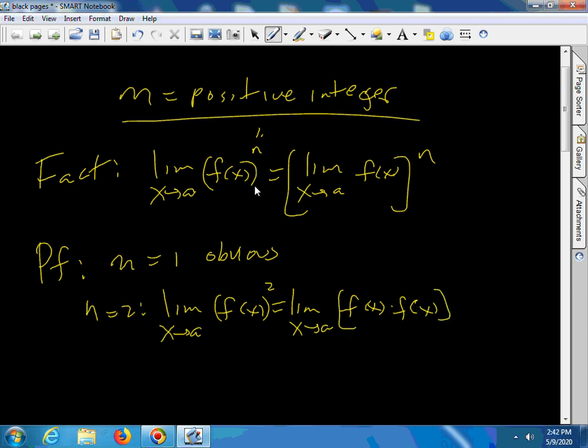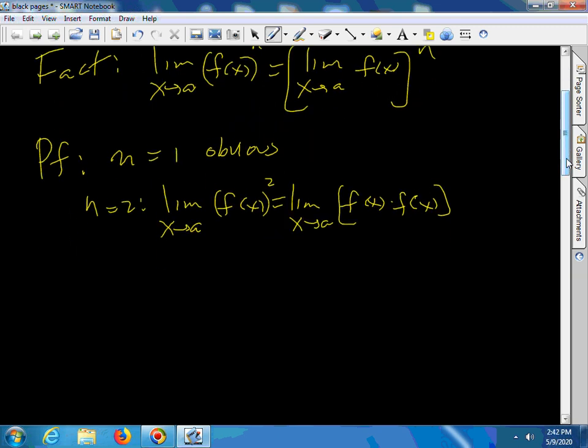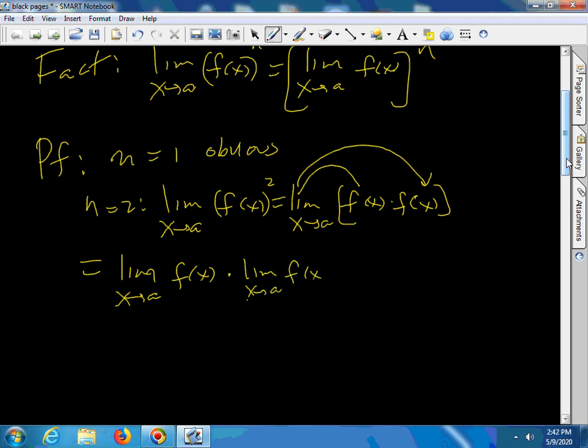So we proved the product rule of two functions. This is equal to the limit of the first function, which is f of x, times the limit of the second function.